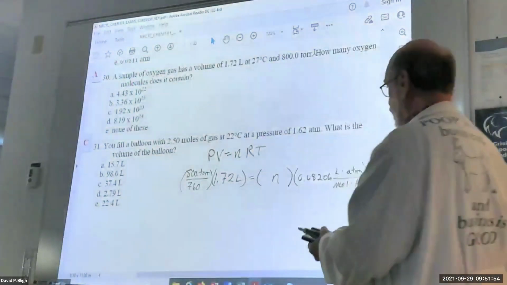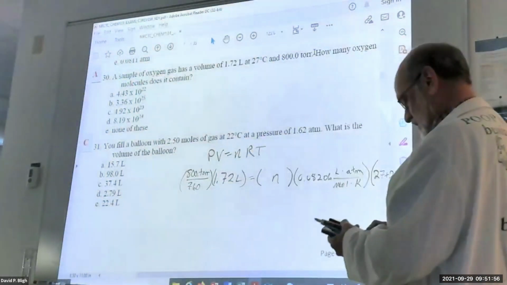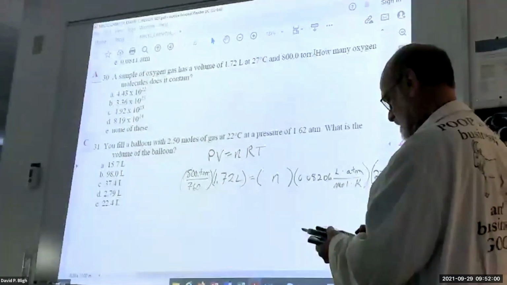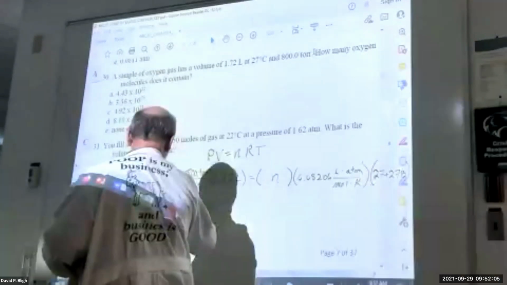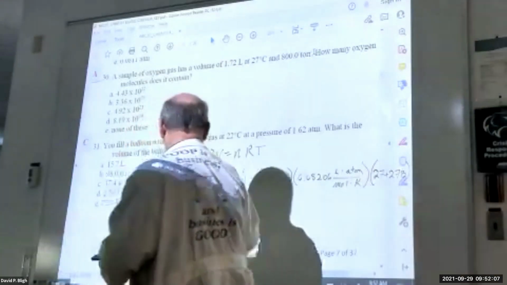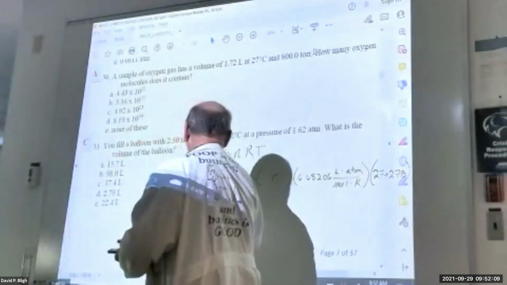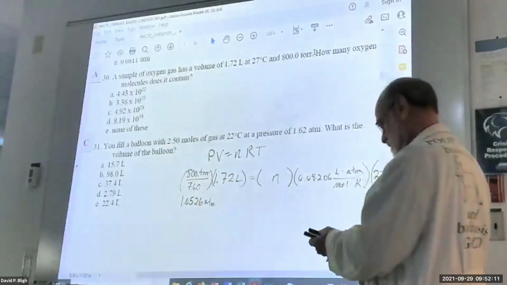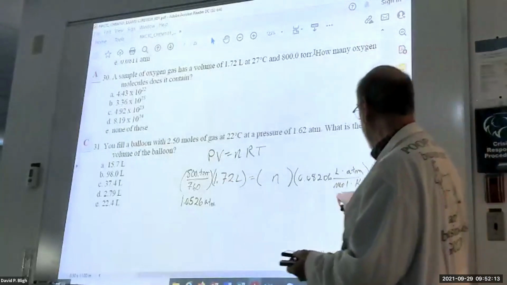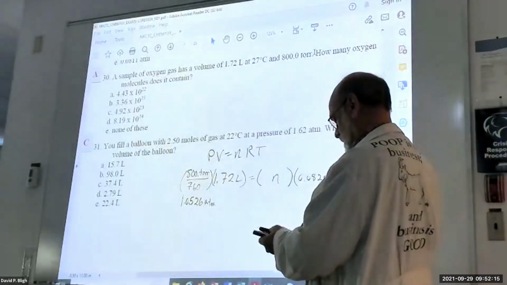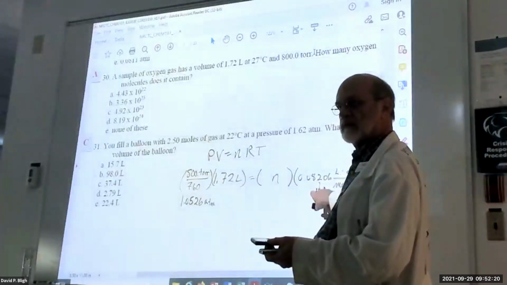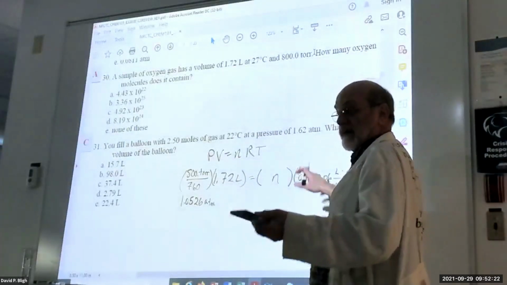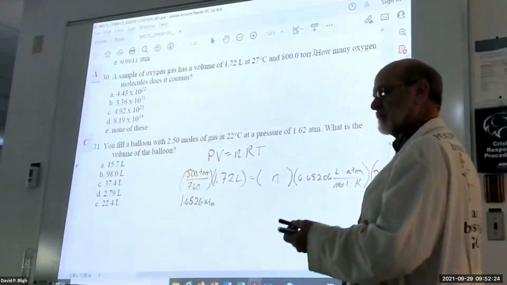So then you take the moles, I guess I better do that calculation. This is a multi-step problem. So 800 divided by 760 is 1.0526 atmospheres. Now times 1.72, and then divide by 0.08206, and this is useful information. If you remember it, fine, but if you don't, it's there for you.